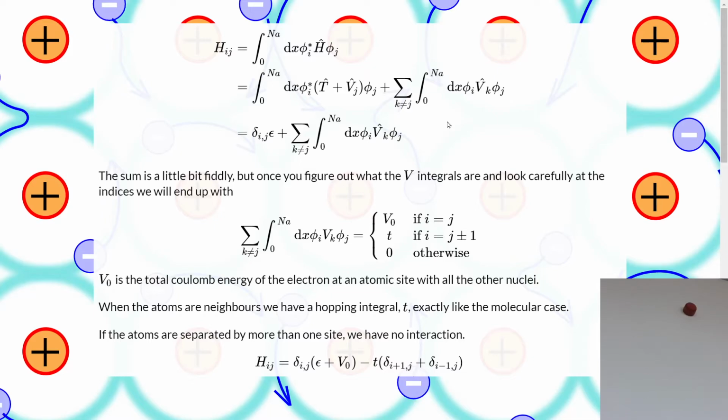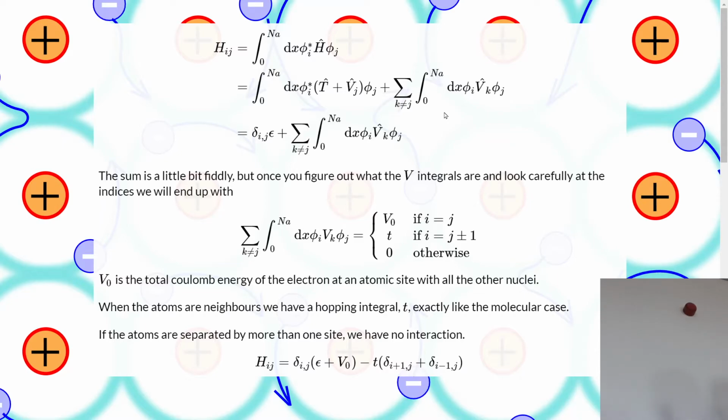If I and J differ by 1, we've got the same picture as we had last week, which is that the electron can pop from atom I to atom J, to the next atom.